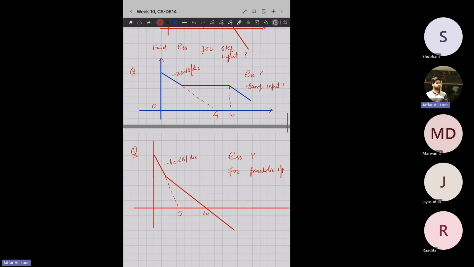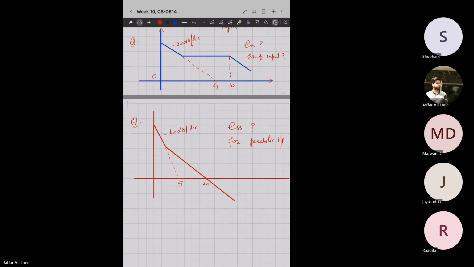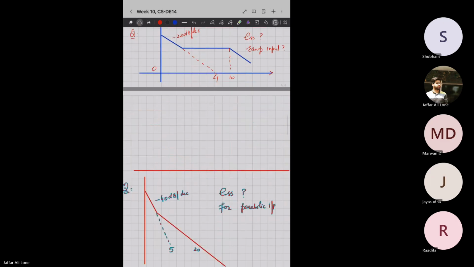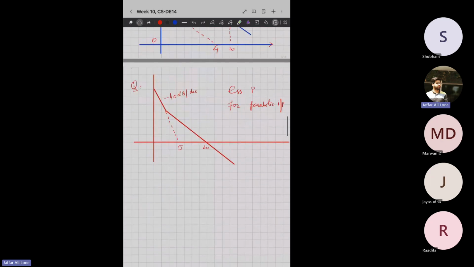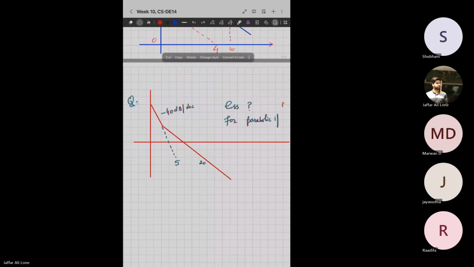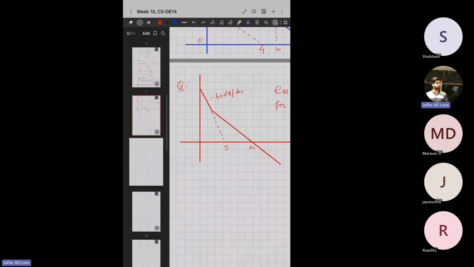Radhifa, you also pay attention. So see, for the question in green color, let me move this page up.